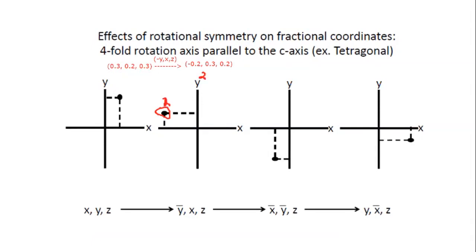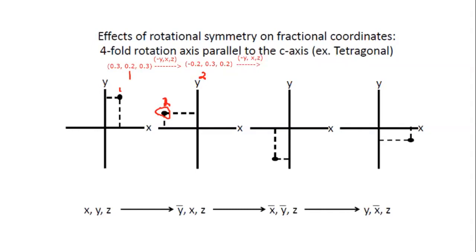Number 1, number 2. Now we're going to take that same set of coordinates and again perform a 90-degree rotation, applying negative y, x, z.